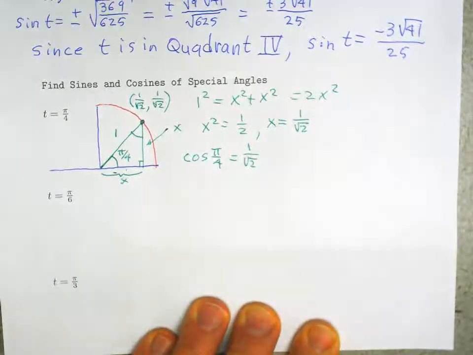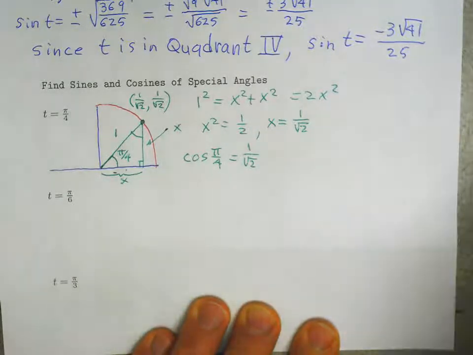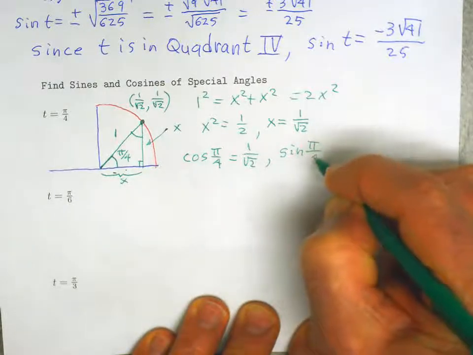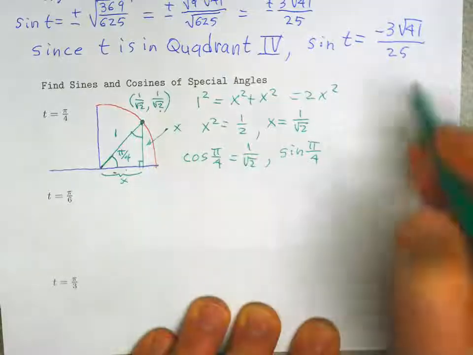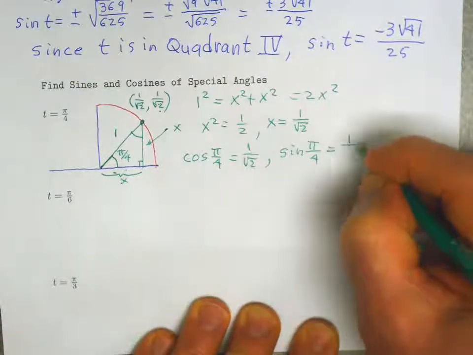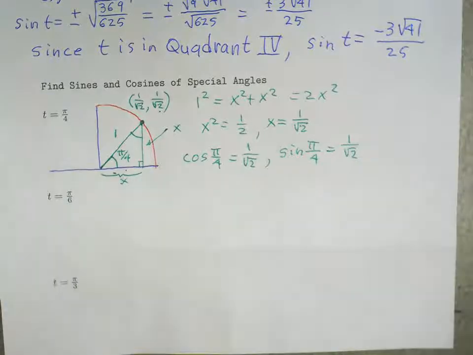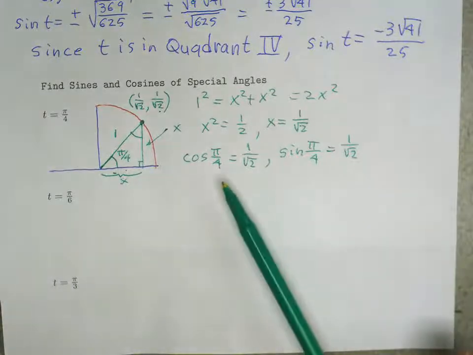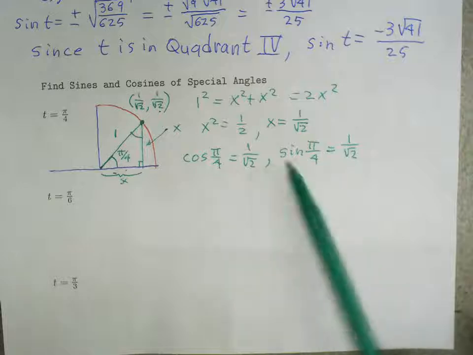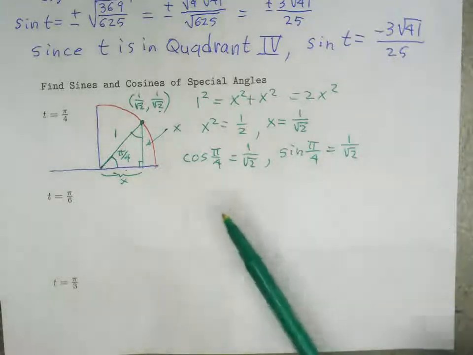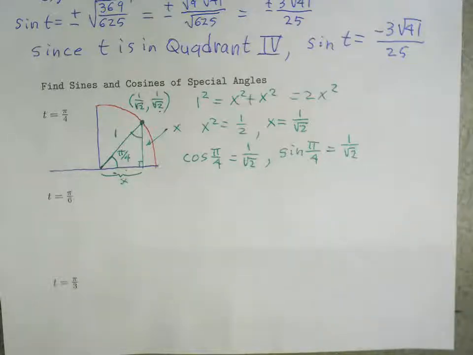You can write it as the square root of 2 over 2 if you want. And the sine of pi over 4, that's equal to the y coordinate, is also 1 over the square root of 2. These are sine and cosine values evaluated at pi over 4 that you should learn so that you know them automatically.